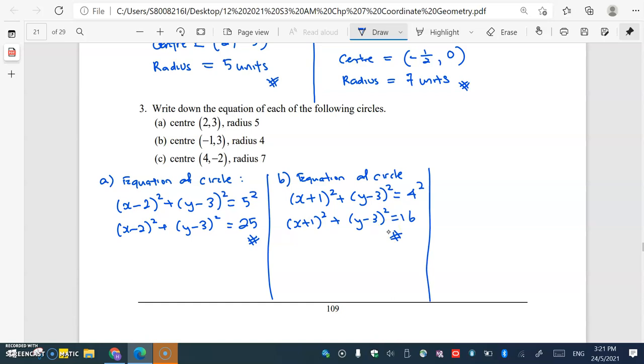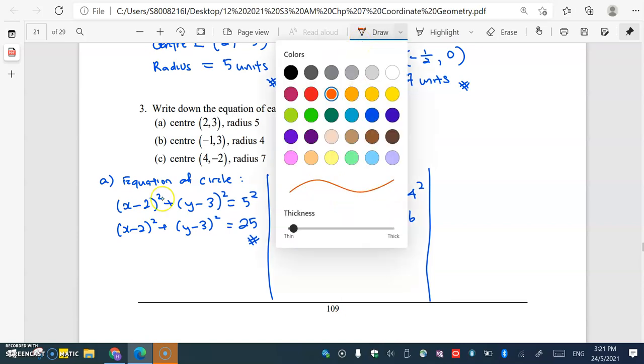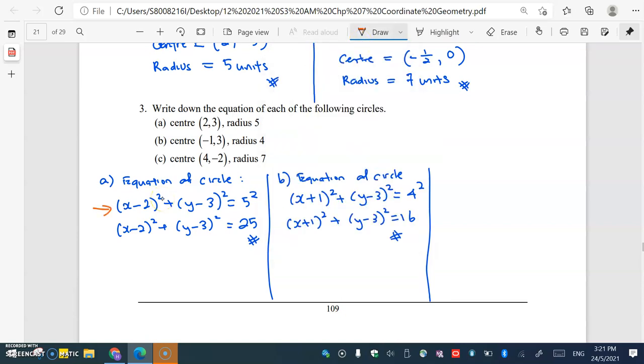Do I need to simplify it further? The answer is no. You can just leave your answers as good as this. You may choose to leave your answer in this manner, as in the first line, or you can choose to leave your answer by expanding the numerical term. Either way, it is acceptable.